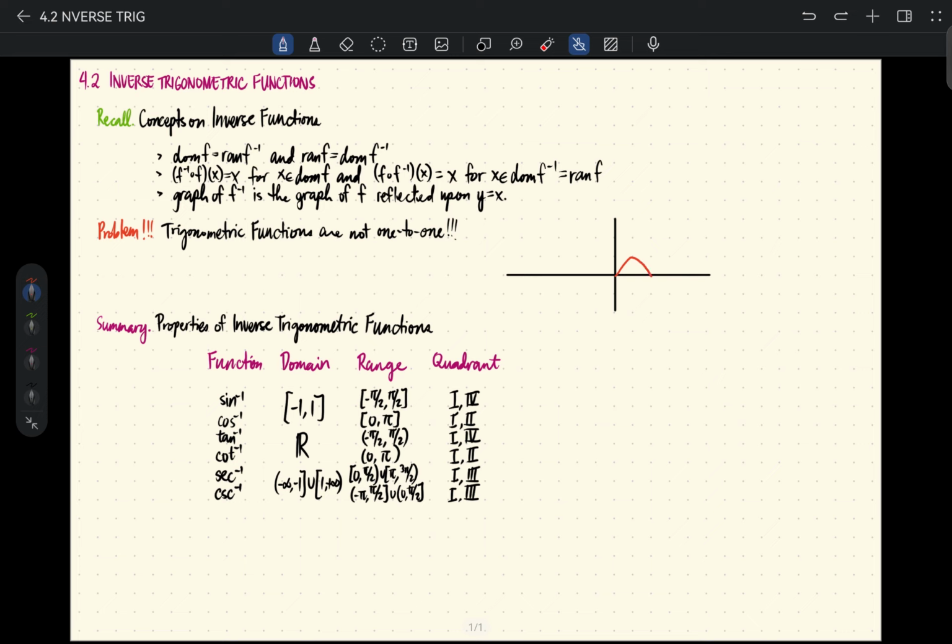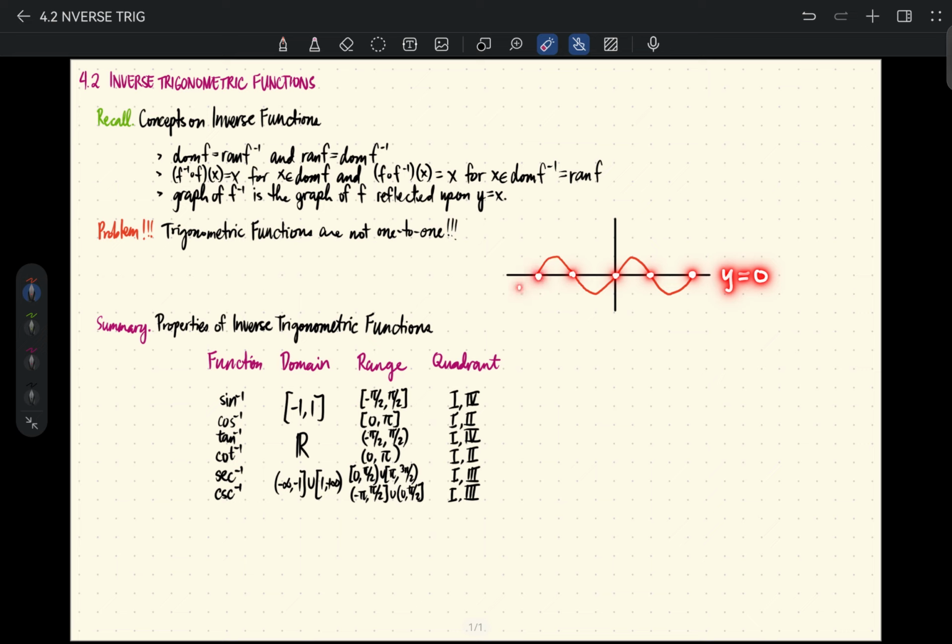It goes like this. And then this side it goes like this as well. Why is this not one-to-one? For example, if we will look at y equals 0, you have multiple corresponding points here.